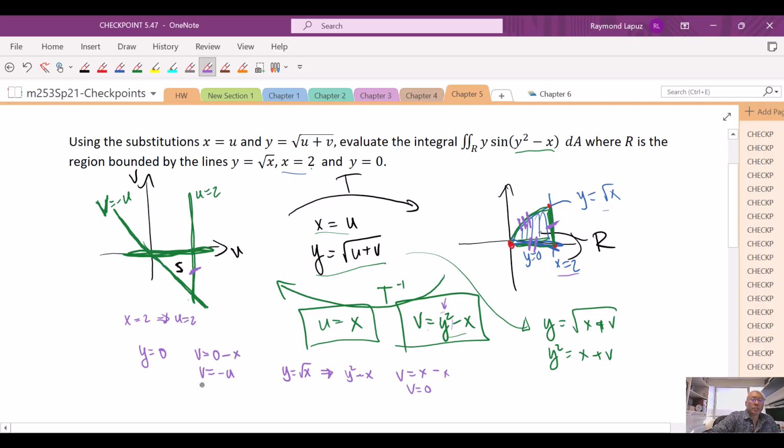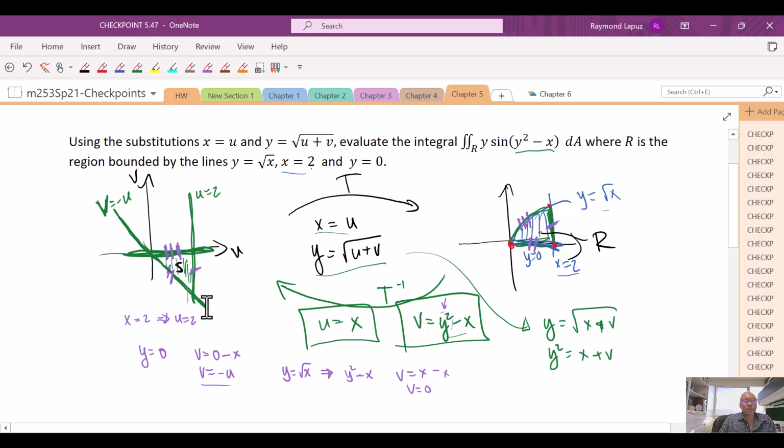Y is equal to 0 became v is equal to negative u. And then we have this curve, y is equal to square root of x, and that became v is equal to 0. And so those are the three boundaries that we had in x that we now have in y, and so we have this region.